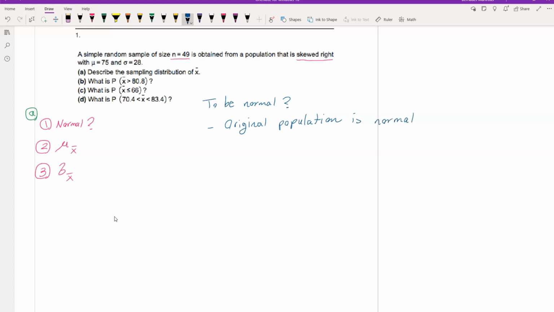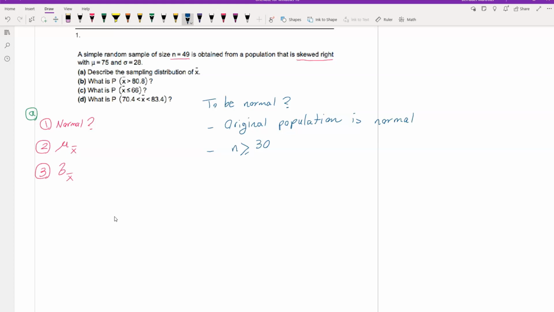If the population is normally distributed, the answer for this part will be yes. Or if your sample size is greater than or equal to 30, in that case you're going to say we have a normal distribution.